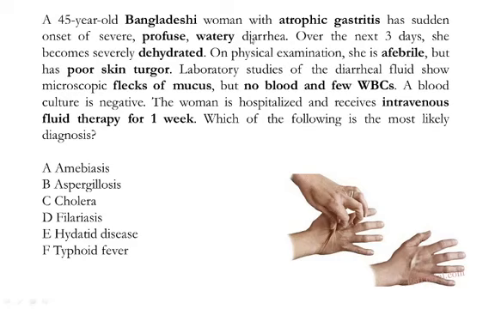On physical examination, she is afebrile. So, what is afebrile? Afebrile means the absence of fever, not febrile, without fever, but has poor skin turgor. You see here an example of how to check the turgor in people.